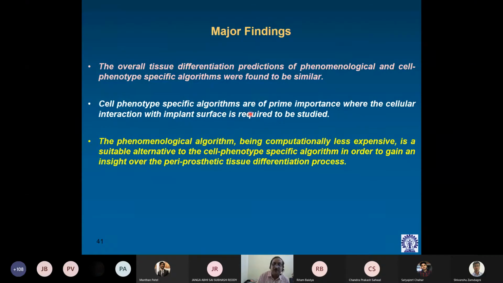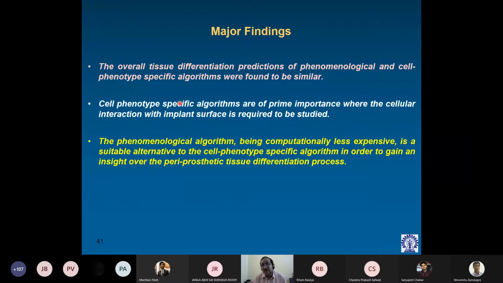So the major findings were that the overall tissue differentiation predictions of phenomenological and cell-phenotype specific algorithms were found to be similar. Remember, the overall predictions. Cell-phenotype specific algorithms are of prime importance where the cellular interaction with the implant surface is required to be studied.